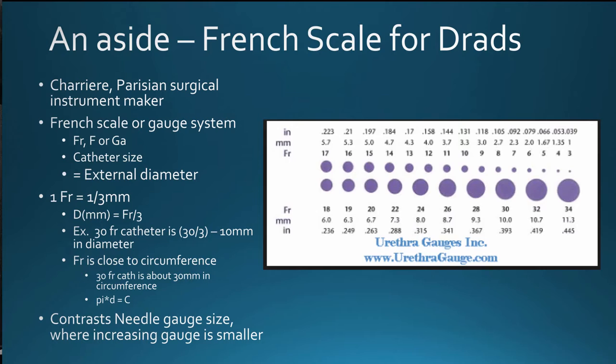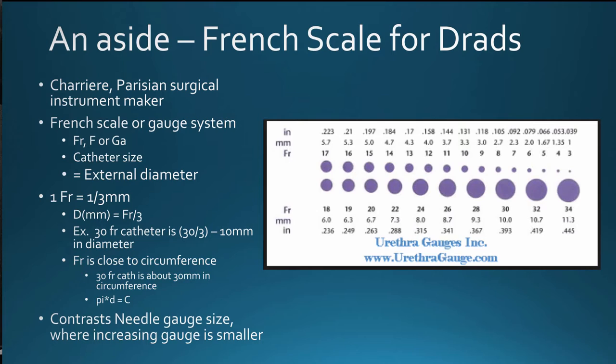And that's the way I remember the size of a catheter. It is interesting, although I'm not sure that it has any clinical relevance, that the French designation is pretty close to the circumference of the catheter as well.